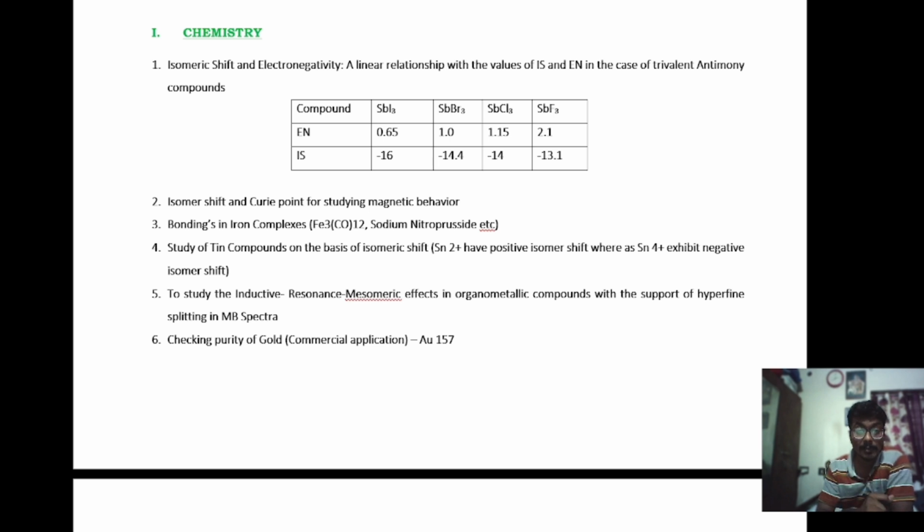In that case, the isomer shift value is very low, that means the negative isomer shift value is high in the case of antimony trifluoride. Whereas in the case of antimony triiodide, the electronegativity is very low, and in that case the negative isomer shift is very high. Right? So, using the isomer shift value, we can predict the electronegativity of antimony compounds.